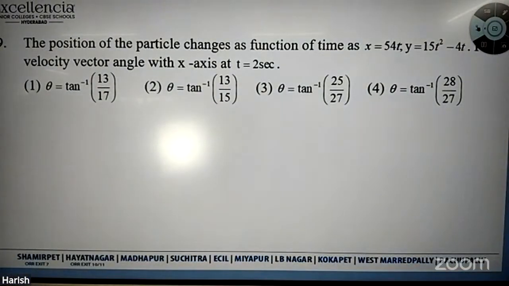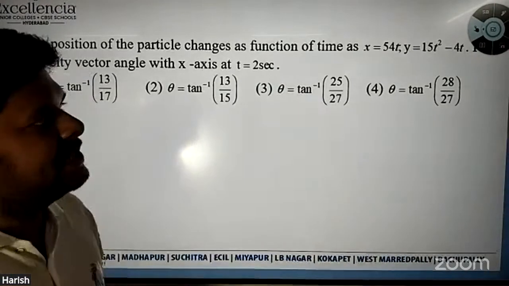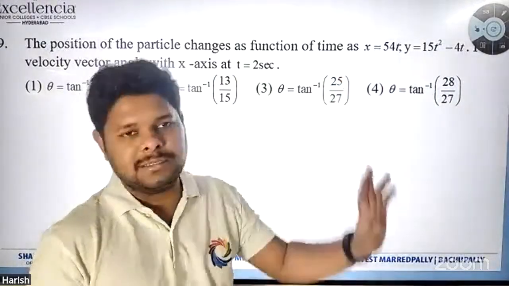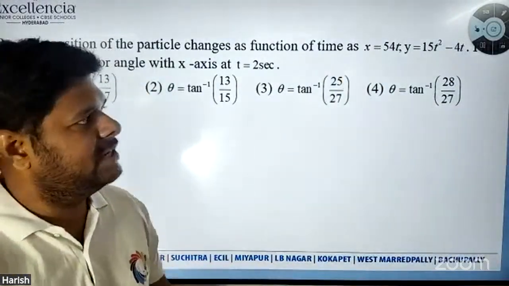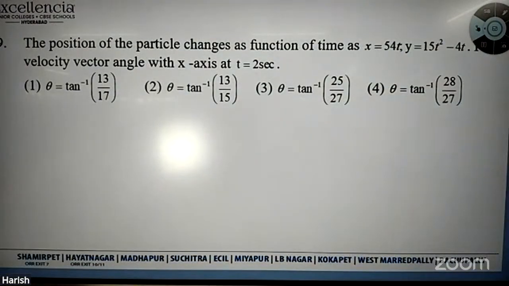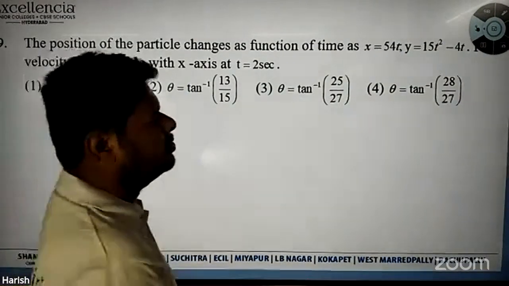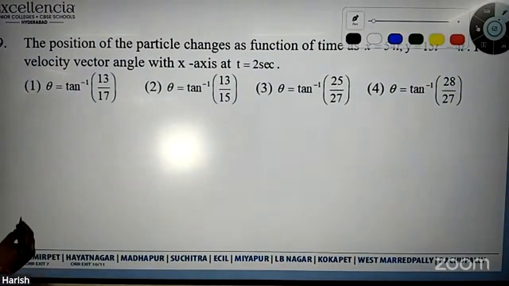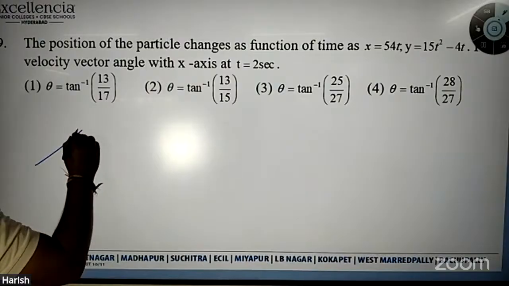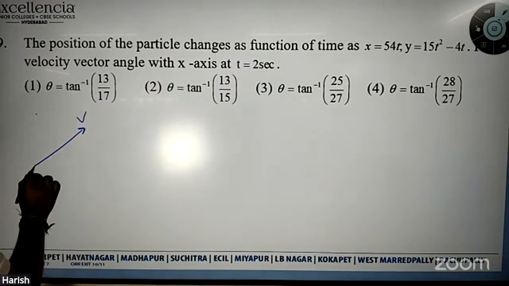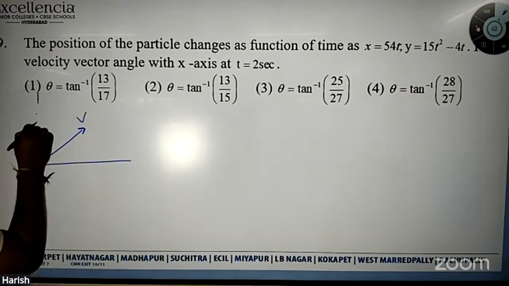The position of a particle changes as a function of time. They have given x equal to 5t, that's how the displacement along the x-axis is changing with time, and y is 15 t square minus 4t. Find the angle the velocity vector makes with the x-axis at t equal to 2 seconds. This is again a question of kinematics only. Suppose this is the velocity vector v, with the x-axis and y-axis.